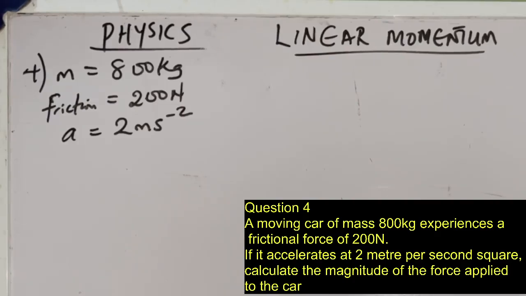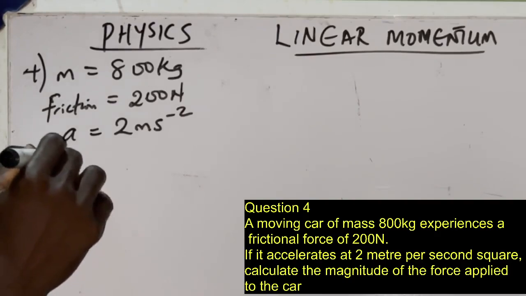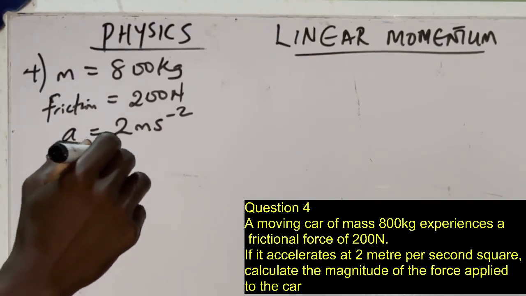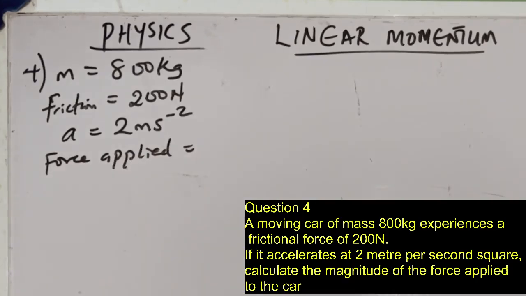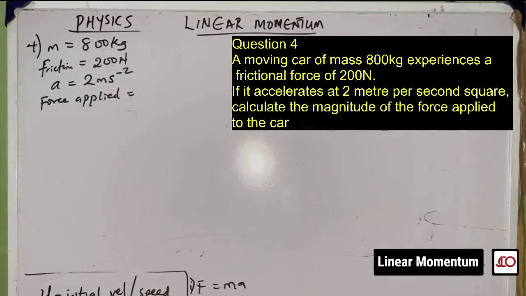So we're looking for the force applied. What will be the force applied? Now, please pay attention. If friction is 200 and it is moving with 500, what force do I need to apply?